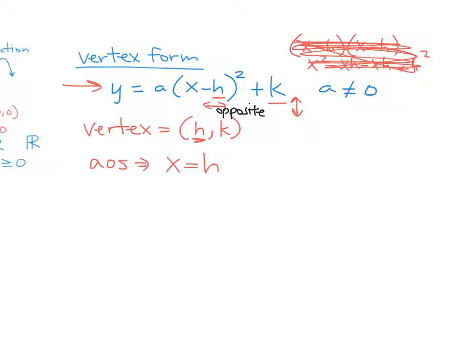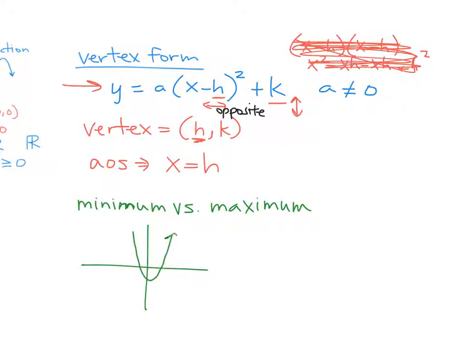The last thing before we start doing some of these: you will see minimums and maximums. Think about how this goes. If I have a graph that looks like this, and another graph that looks like this, which one has a minimum?